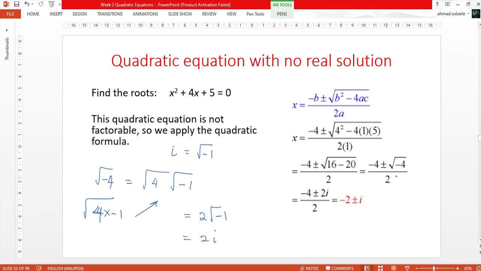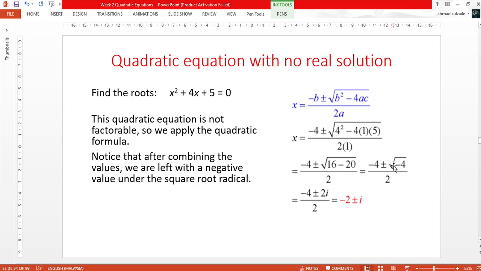Therefore, from the square root of -4, you can change to 2i, because of this process. So the final answer is -2 plus minus i, because you will cancel out the 2 and 2 here. So the final answer must be -2 plus minus i.